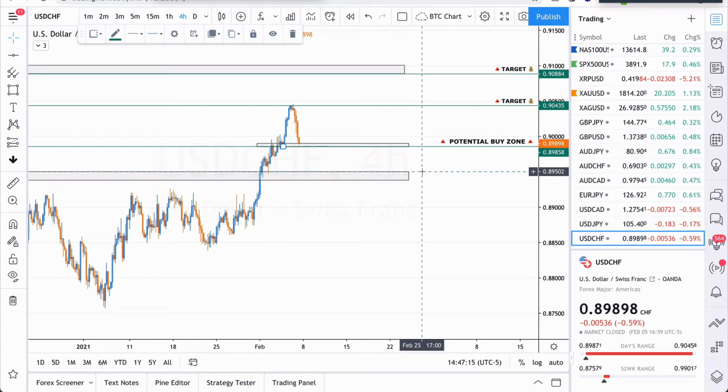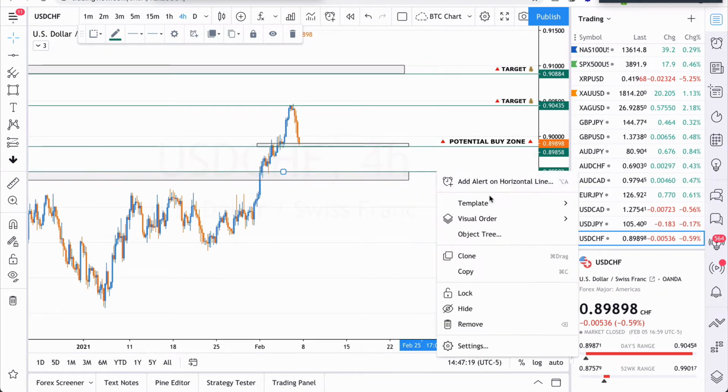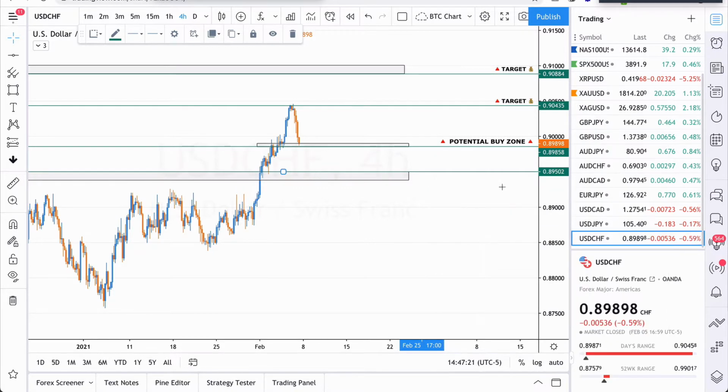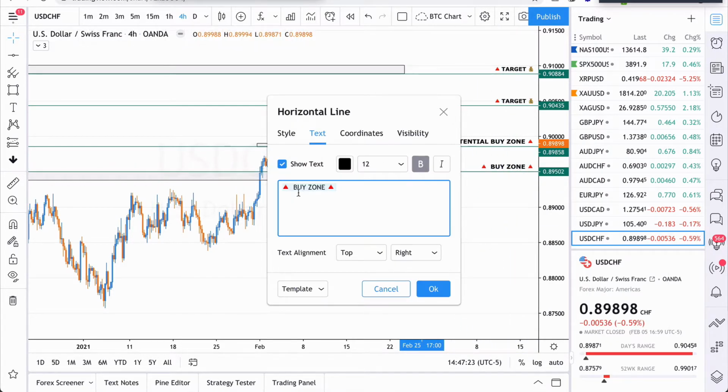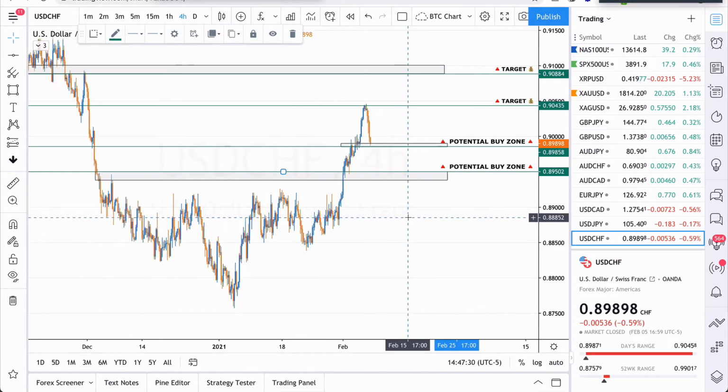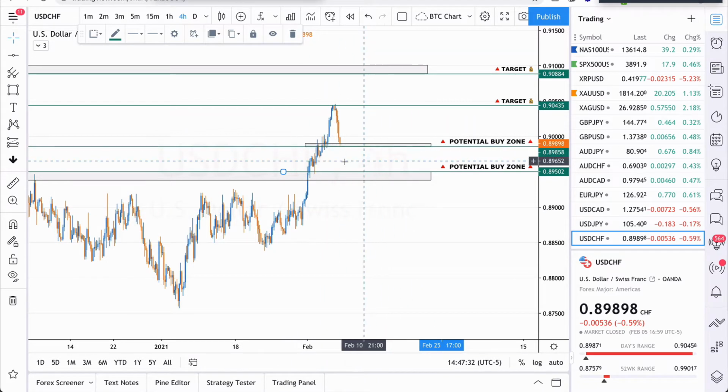This is another potential buy zone. So we're looking for either rejection here or rejection here.